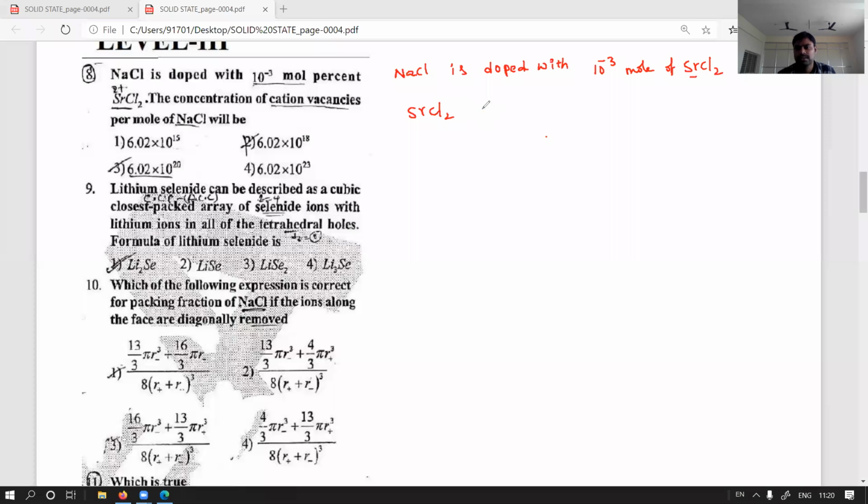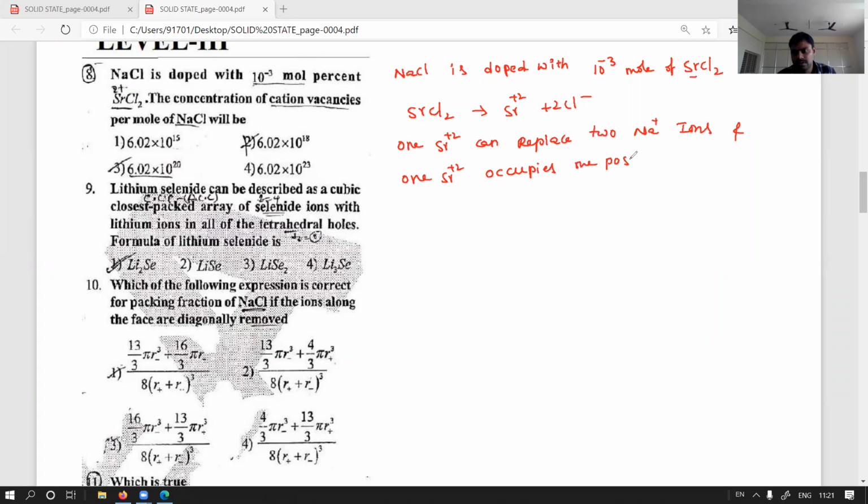Strontium chloride is nothing but Sr2+ and 2Cl-. One Sr2+ ion replaces 2 Na+ ions, occupying one position of Na+ ion.